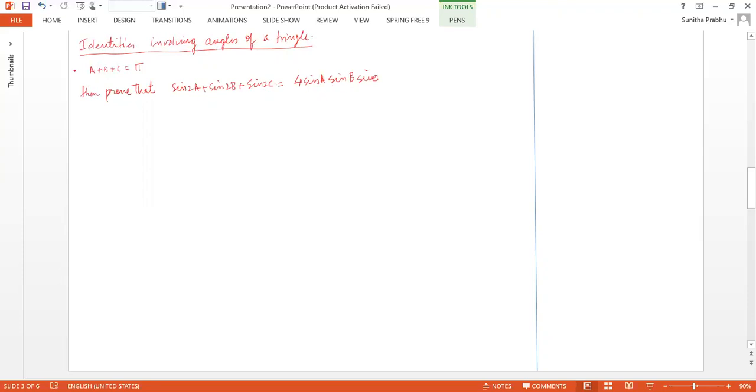And one extra condition is given here for us, A plus B plus C is equal to pi. So we will have numericals of this pattern, right?